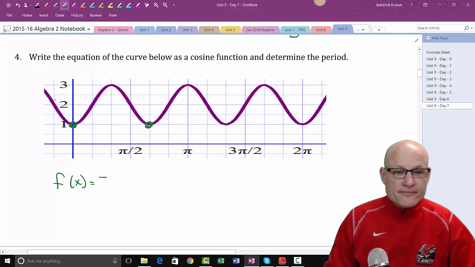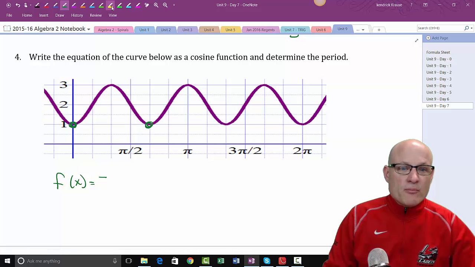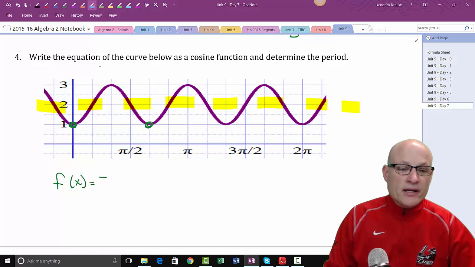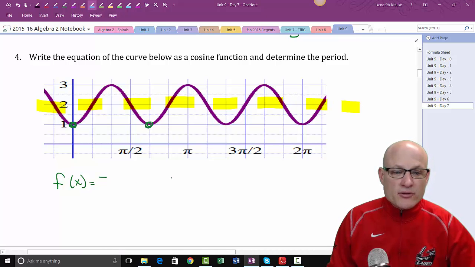Got to start with a negative. Then we'll draw our midline, which is going to be right here, right down the middle. So our midline is plus 2. Put that at the end. Now, from the midline down is 1, and up is 1. So that's just negative cosine. I don't have to put a number there.